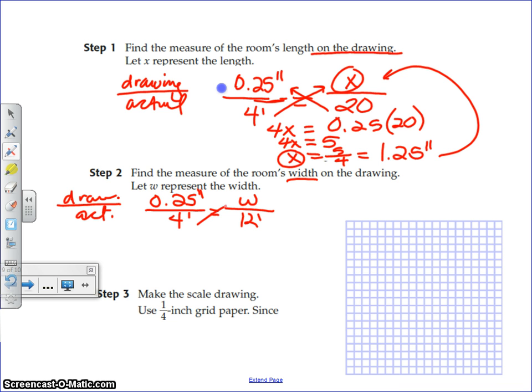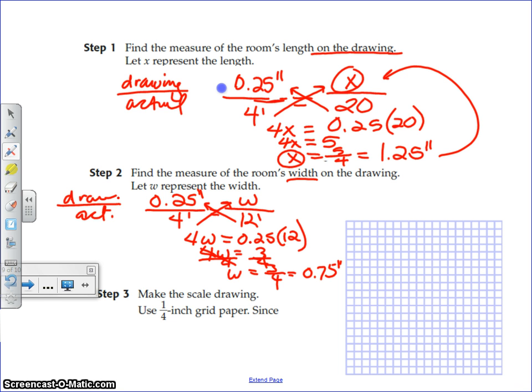So again, we cross multiply: 4 times W equals 0.25 times 12. And we find out that 0.25 times 12 is 3. So we have 4W equals 3. Divide both sides by 4. We get W equals 3/4 inch.